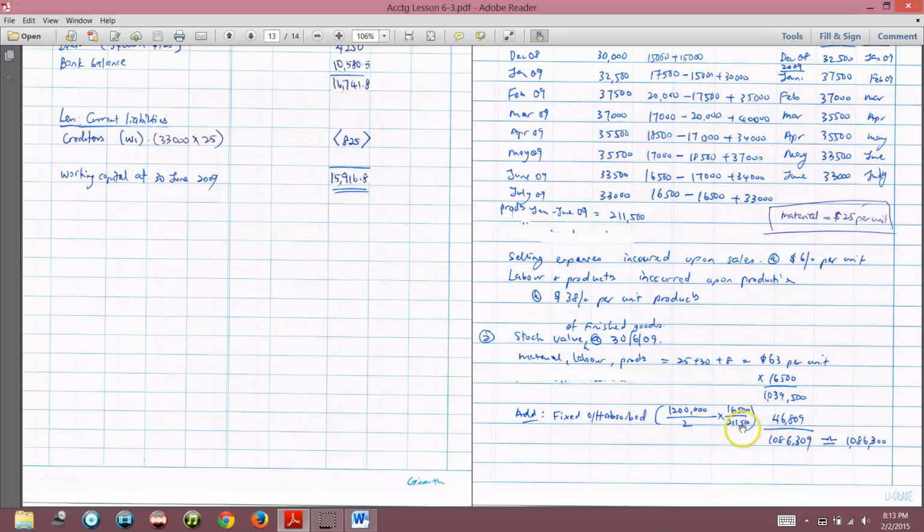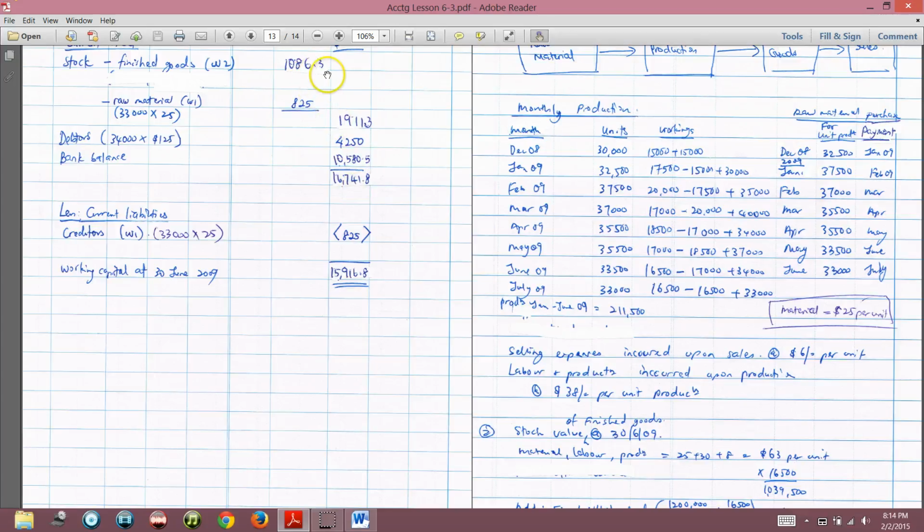So the fixed overhead estimated to be allocated to these 16,500 units will be 16,500 divided by 211,500, which is the total production for the 6 months, times 600,000, which is the fixed overhead for half a year. So the estimated allocated fixed overhead for these 16,500 units of stock is so much. So add together, the estimated stock value of finished goods is 1086,300.